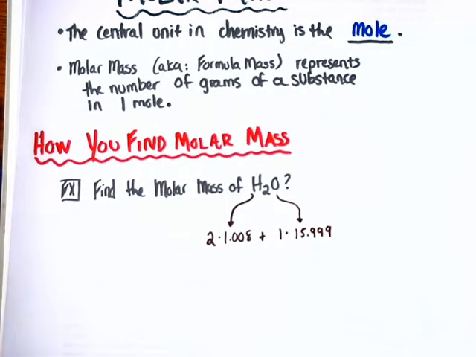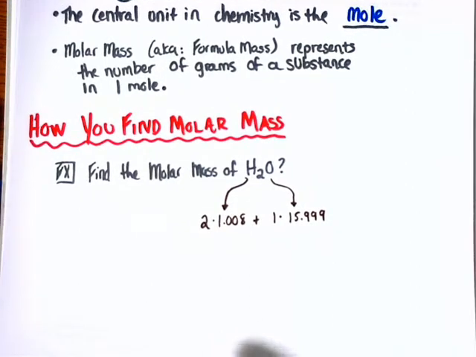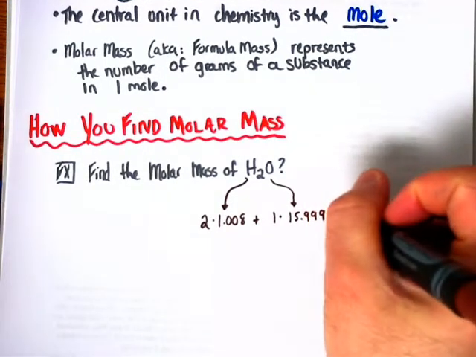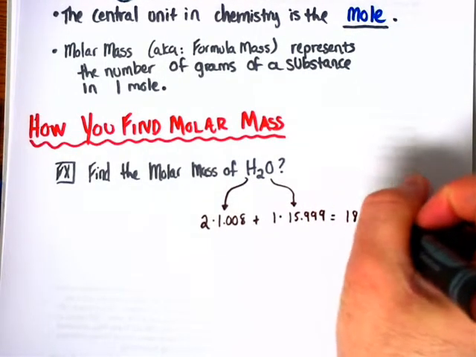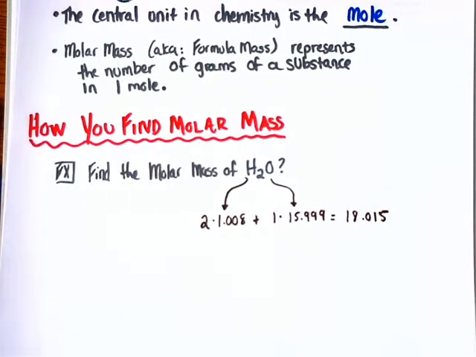So in your calculator, you will do this. You'll take 2 times 1.008 plus 1 times 15.999. And the grand total we get should be about 18.015.